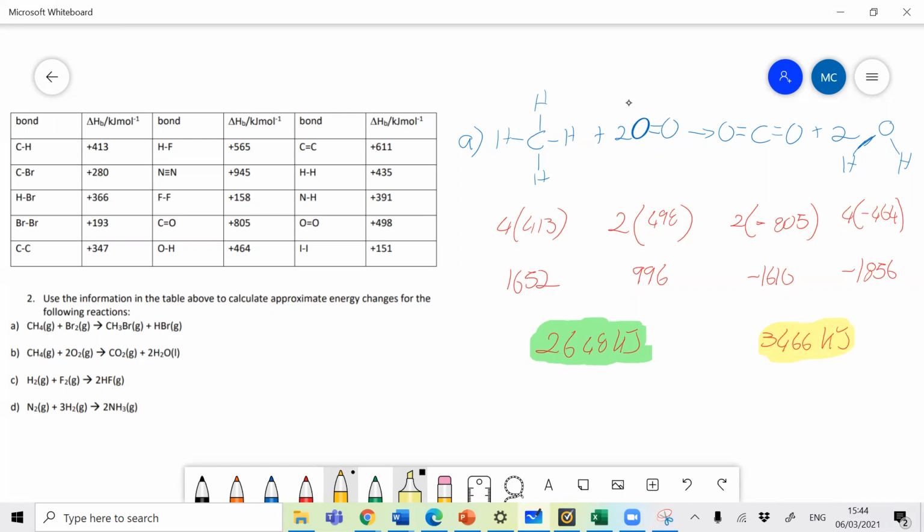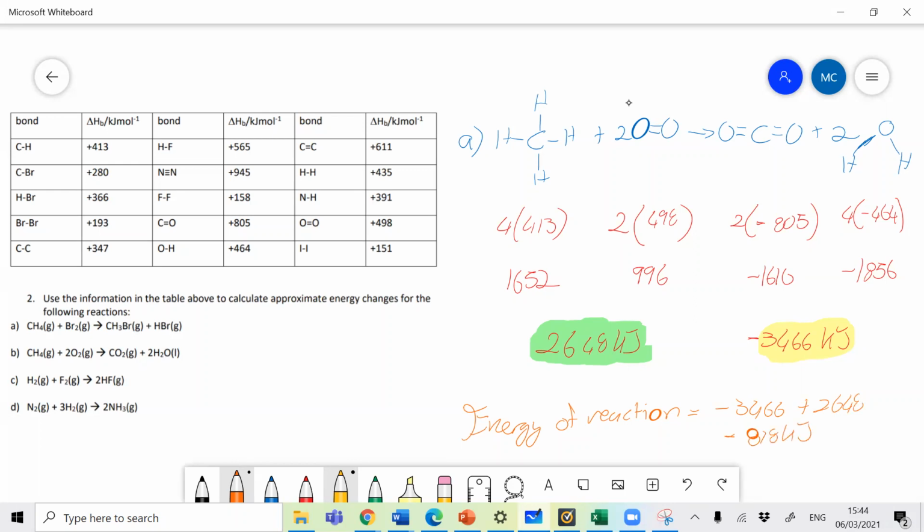Okay, when we add everything together for the energy change of the reaction, and do not forget the negative sign there, is equal to minus 3466 plus 2648, which is equal to minus 818 kilojoules.